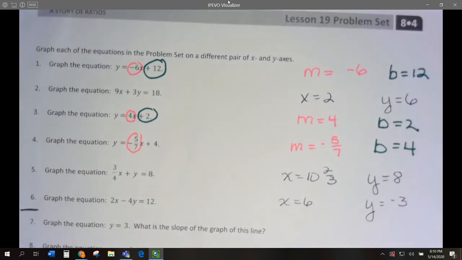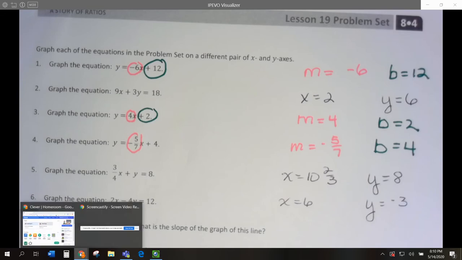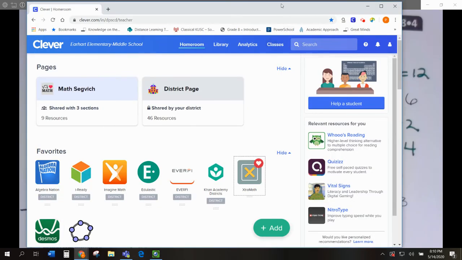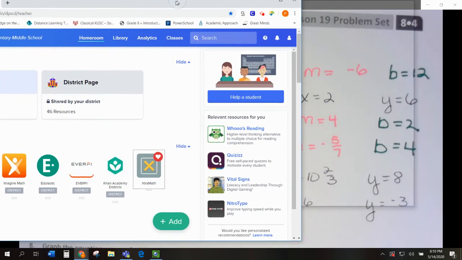So now I'm going to pull up GeoGebra and graph these. Let me scoot this over a bit.